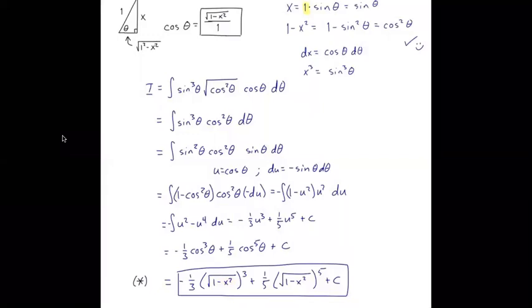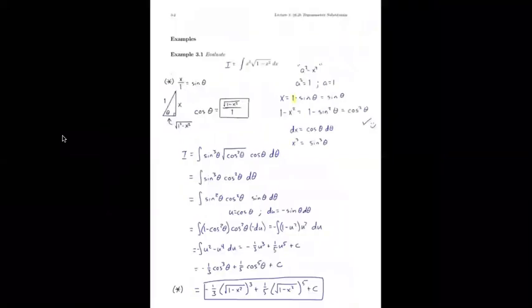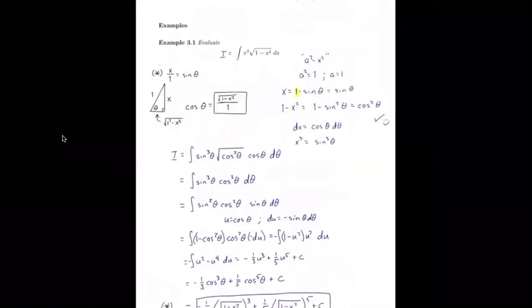Okay, so to recap the steps, and then we'll have a second video to do some more examples. To recap the steps in this most basic problem, you recognize the form, you recognize what a squared is, and then from there you can choose what your substitution needs to be.